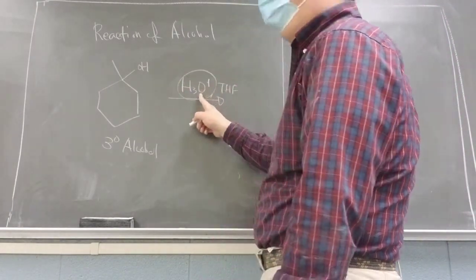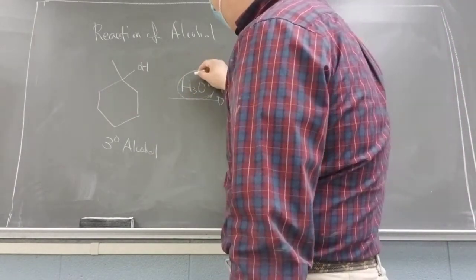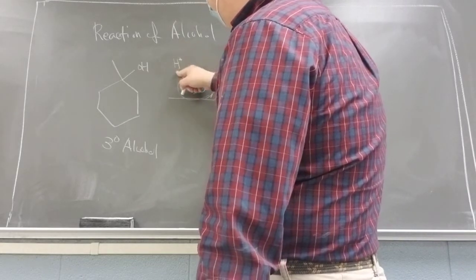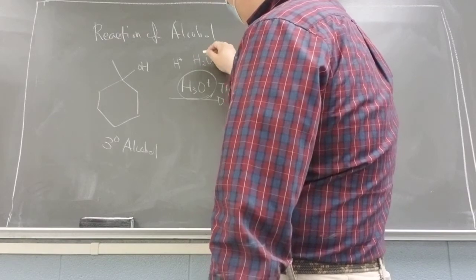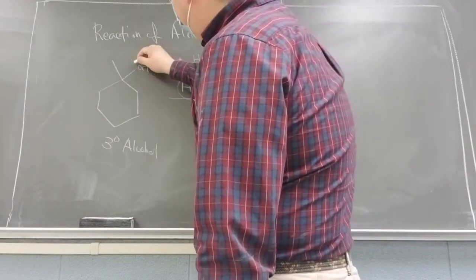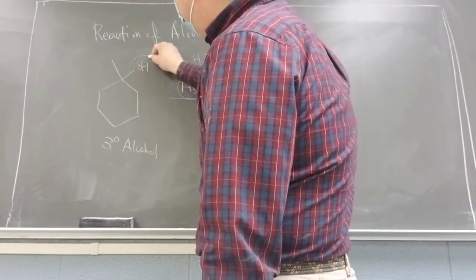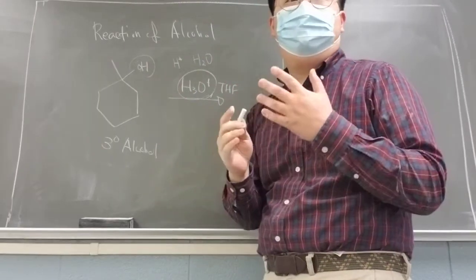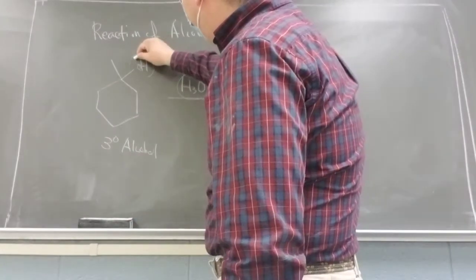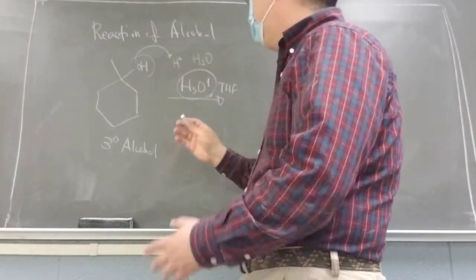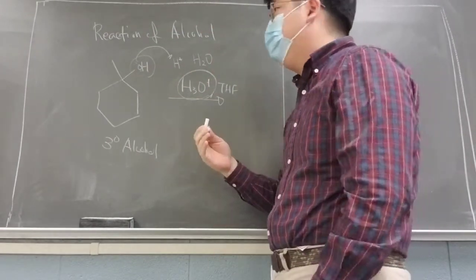If you look at the hydrogen cation over here, it can break apart as the hydrogen cation, proton, and water. Okay? So obviously the oxygen here is still a very poor leaving group. So it can leave right now, but it bonds to, because now you have lots of protons there.